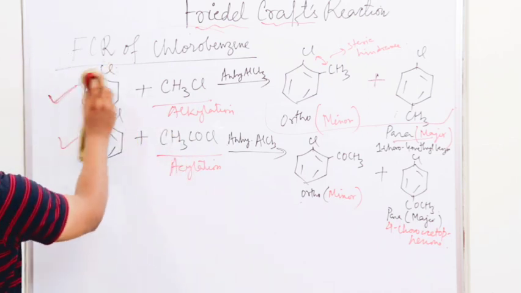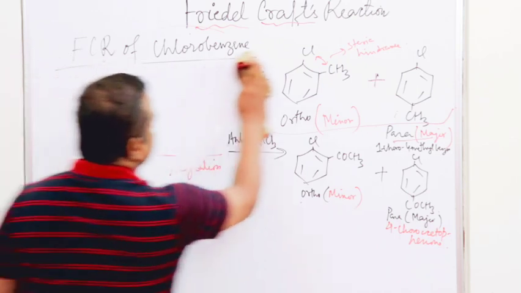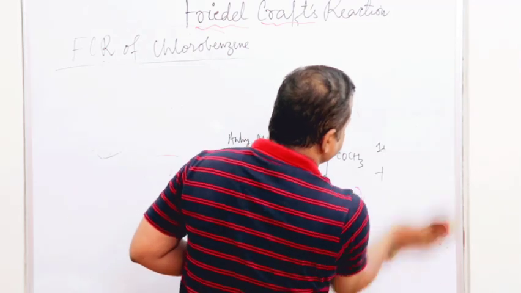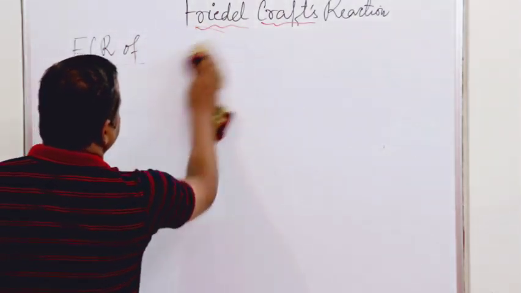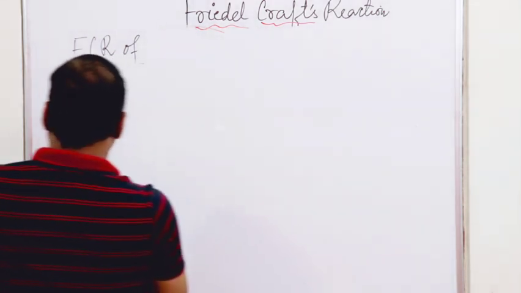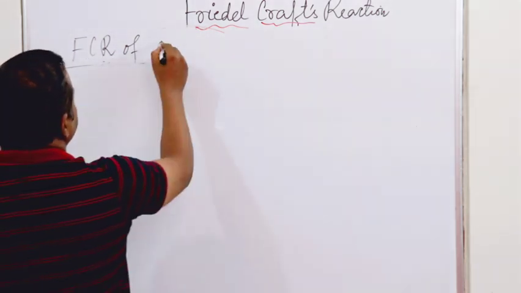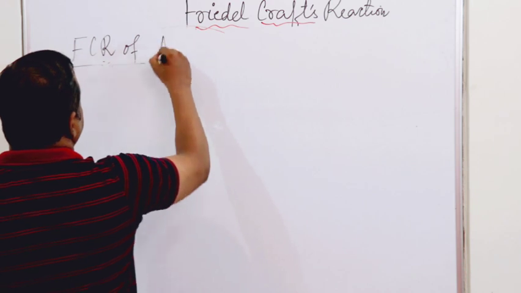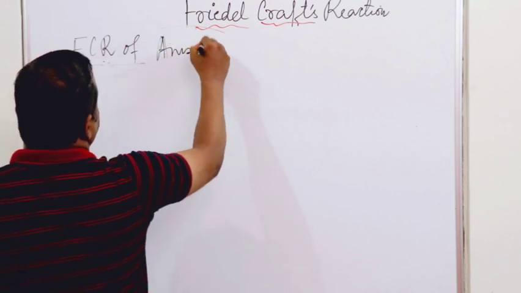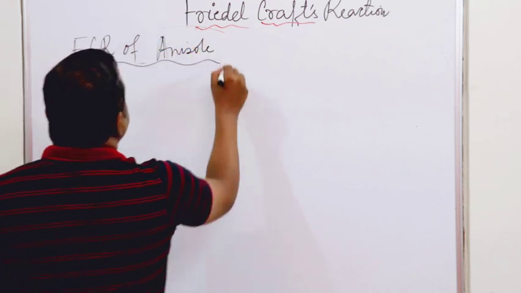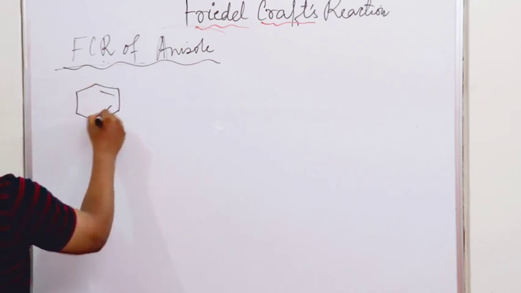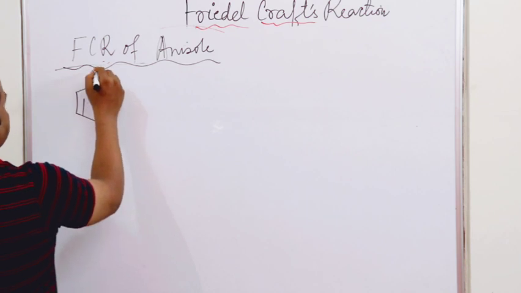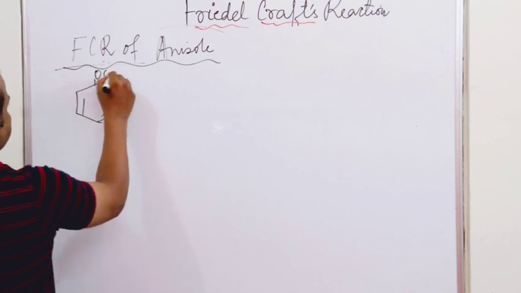Now we will see what will be the Friedel-Crafts reaction of anisole. So instead of chlorobenzene I will write anisole. Students, you must try to memorize the names or structures of certain compounds, like anisole, this is OCH3.